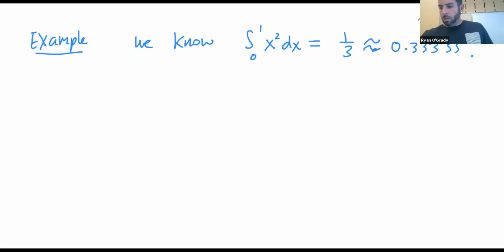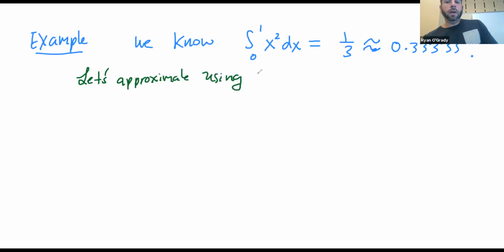So what if we used Riemann sums? Using a Riemann sum, what can we do? Let's approximate, using right Riemann sums. Now you might have to review some of this.